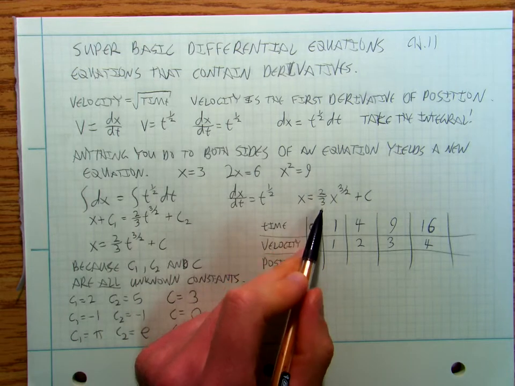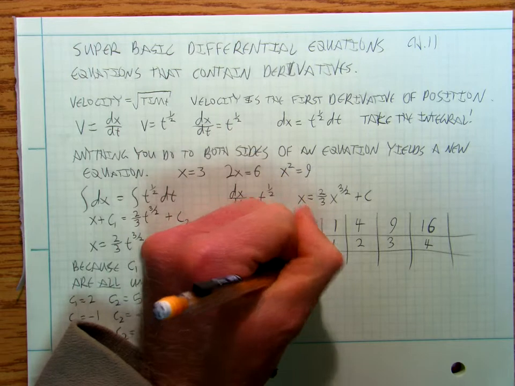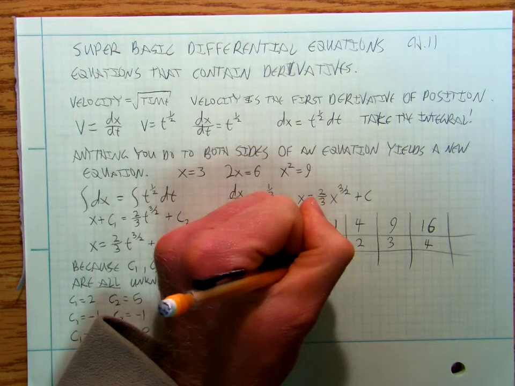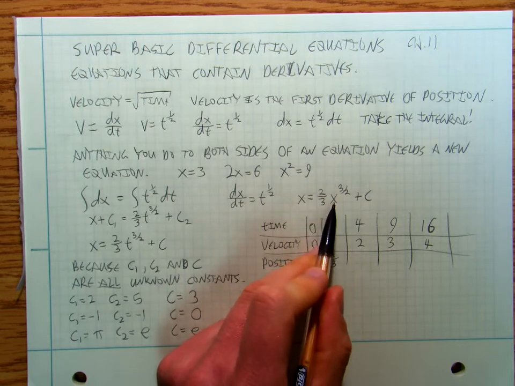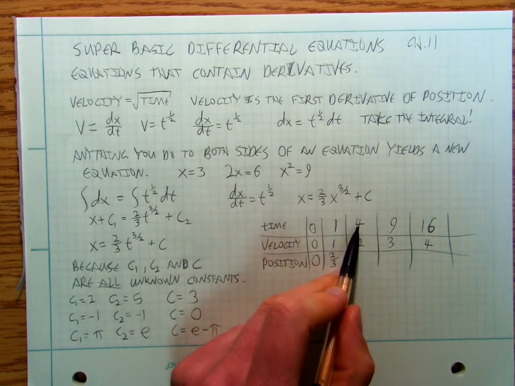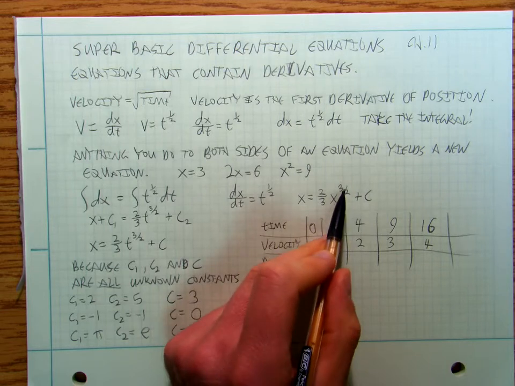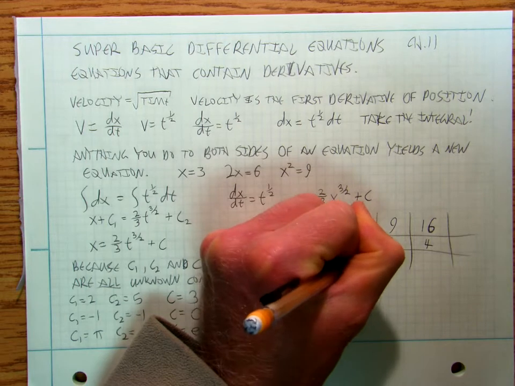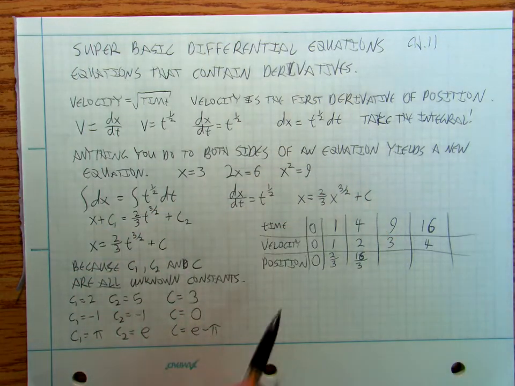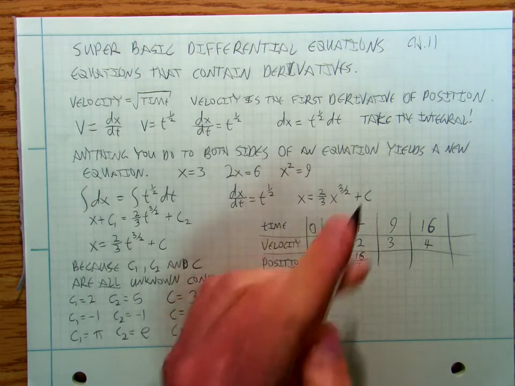But now my position is given by this formula, 2/3 t to the 3/2 plus 1. So 0 gives me 1, 1 gives me 5/3 plus 1, 4 gives me 16/3 plus 1.